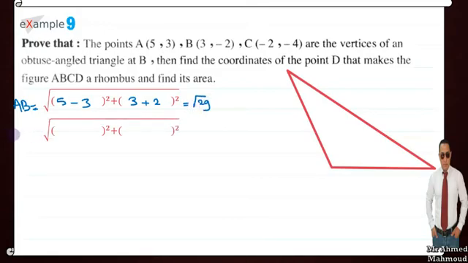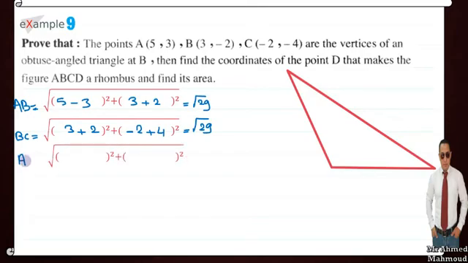Okay, BC equals 3 plus 2 all power of 2 and negative 2 plus 4 all power of 2, which is equal also root 29. Okay, AC, 5 plus 2 all power of 2 and 3 plus 4 all power of 2, which is equal 7 square root 2.